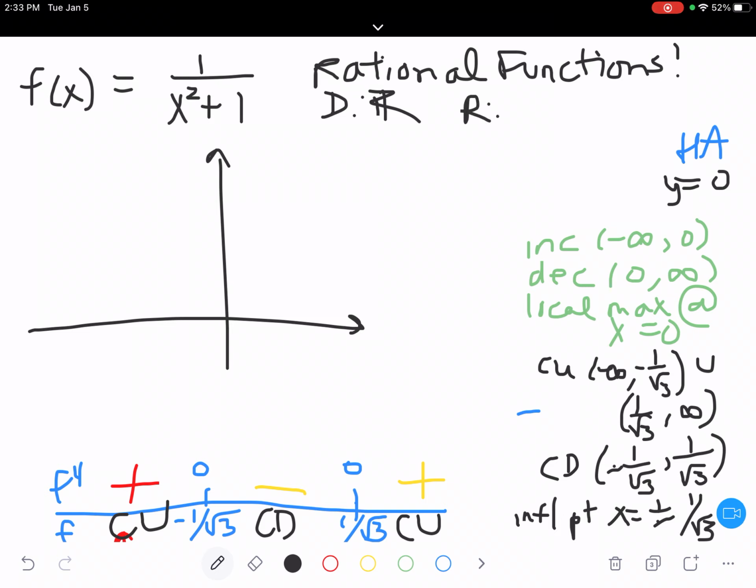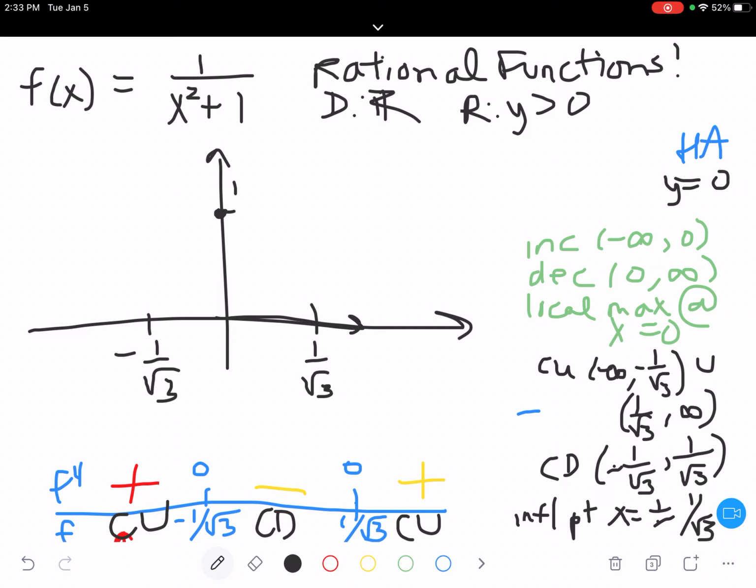My range is y is greater than 0 because I can't get negatives out of f of x. I have my y-intercept at the point (0, 1). And I have points of inflection at negative 1 over radical 3 and at positive 1 over radical 3.